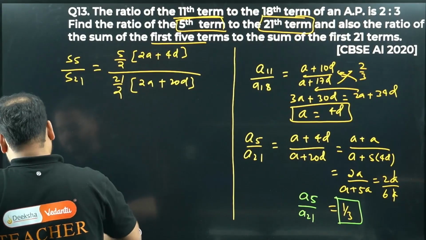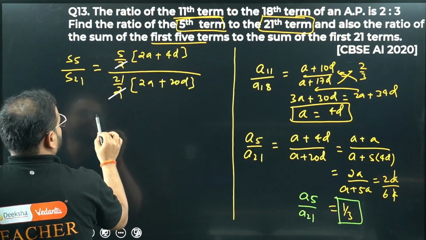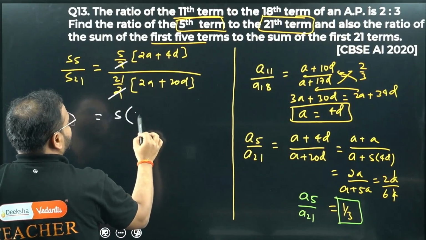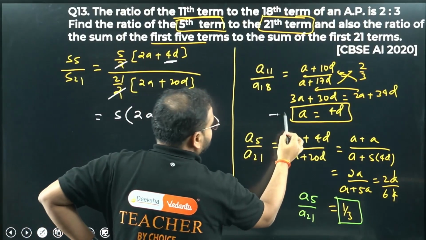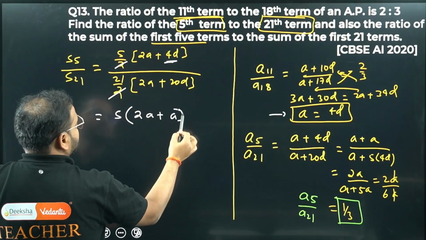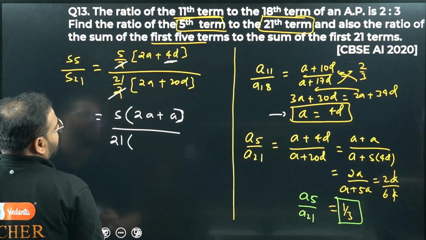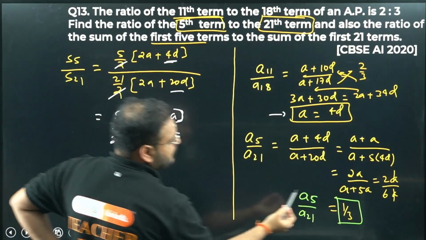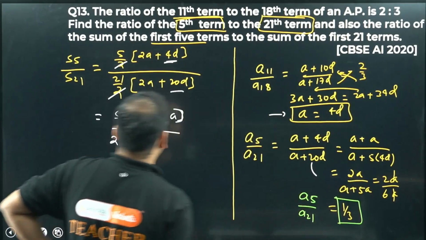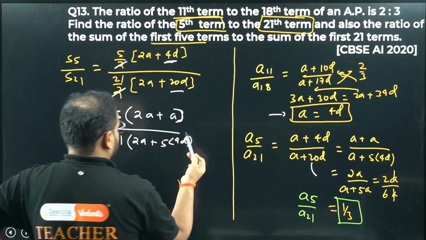I can cancel what and what, please check. 2 and 2 can be cancelled. I'm getting 5 times of 2a plus a, because 4d is equal to a. So this is clear. Next, over 21 times of, please check. I'm getting here 2a as it is, and this I can write the same way as I wrote for this part, 5 times 4d.